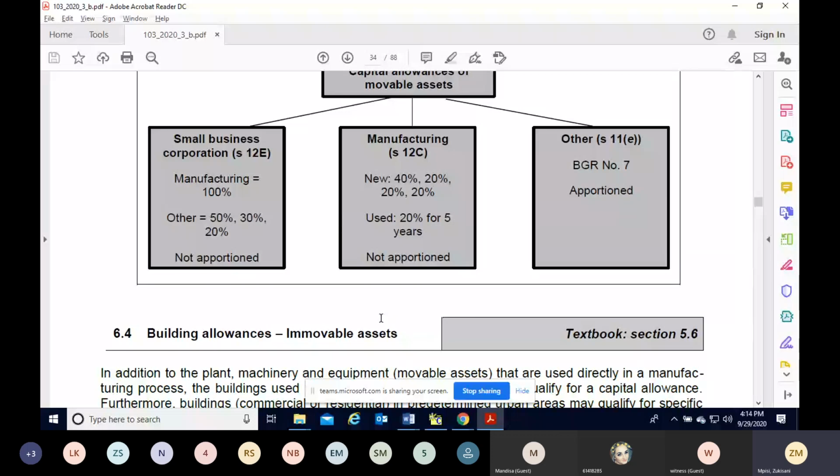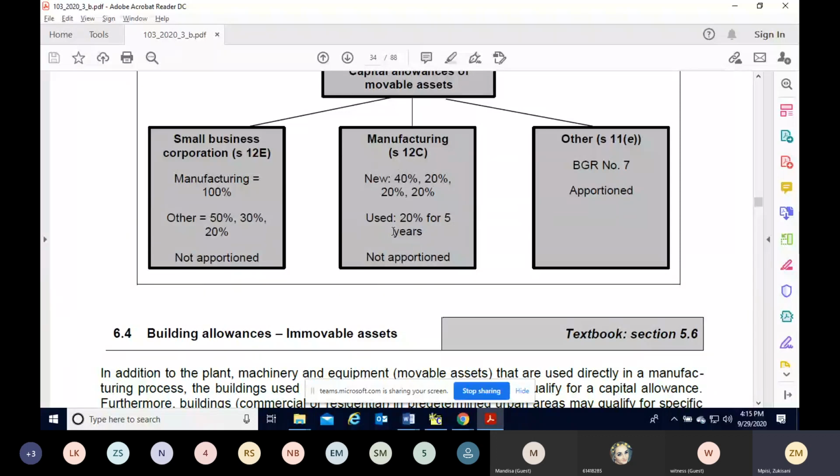I'm sure you can remember this question in your assignment. It mainly means if you were applying Section 12C, you cannot apply Section 11E on an asset which is written off in terms of 12C. So you proceed to only apply 12C.